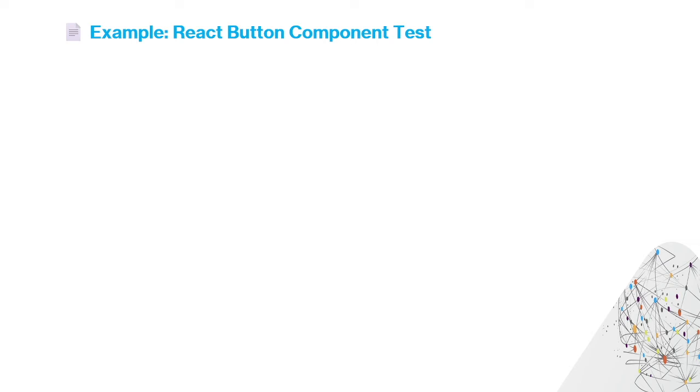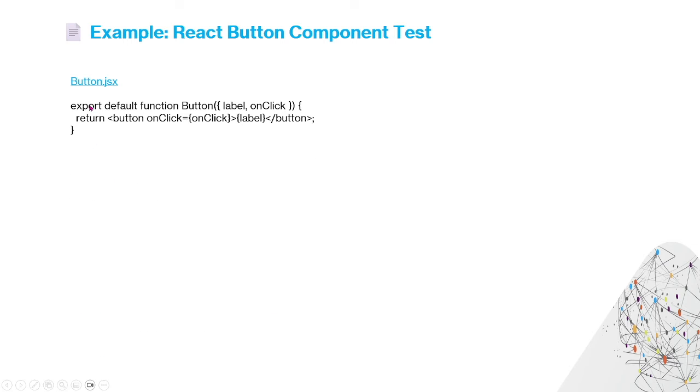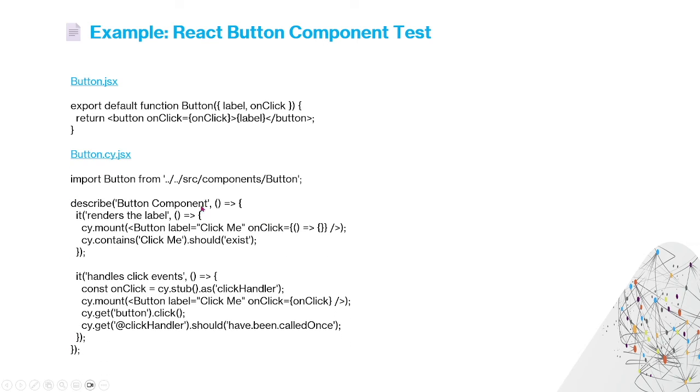Example for the React button component test. Here is button.jsx, which is the code for the component under the source code components folder. Here is button.cy.jsx. In the code, the first line imports the button component from source code components.